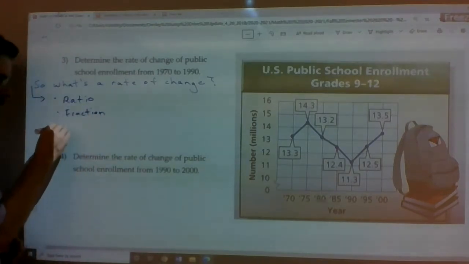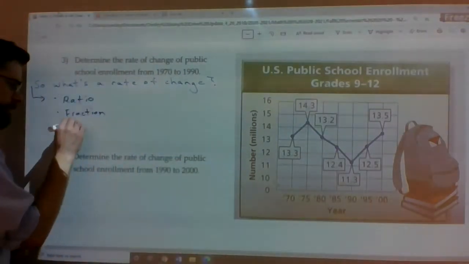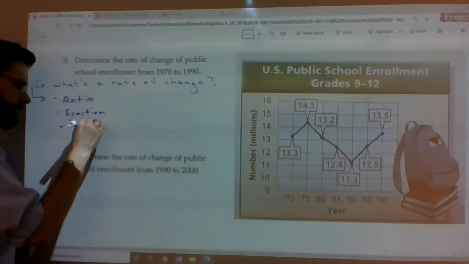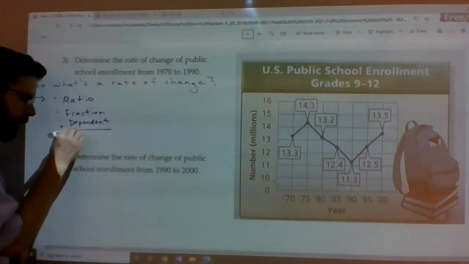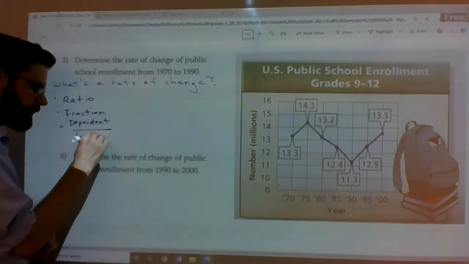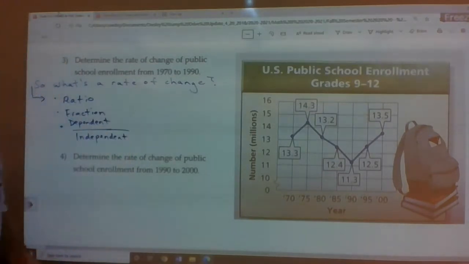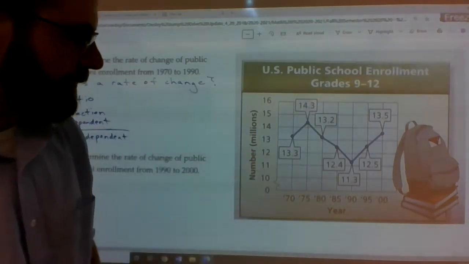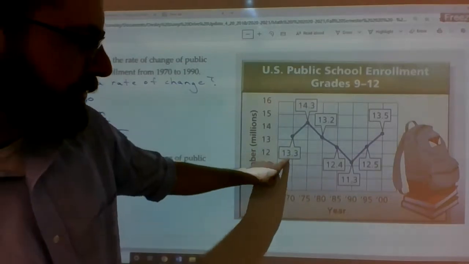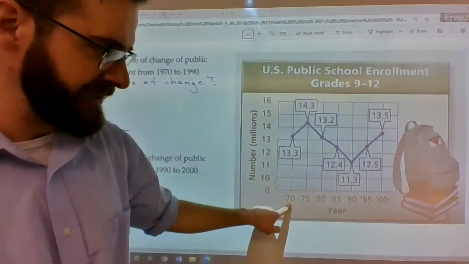You're basically comparing what's called the dependent variable over the independent variable. Usually the independent variable is time. All right? For instance, when you see this graph right here, it's saying that there were 13.3 million students in U.S. public schools in 1970.